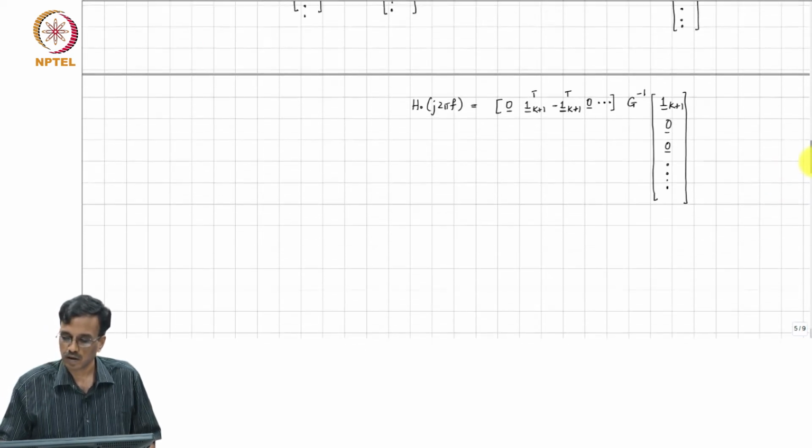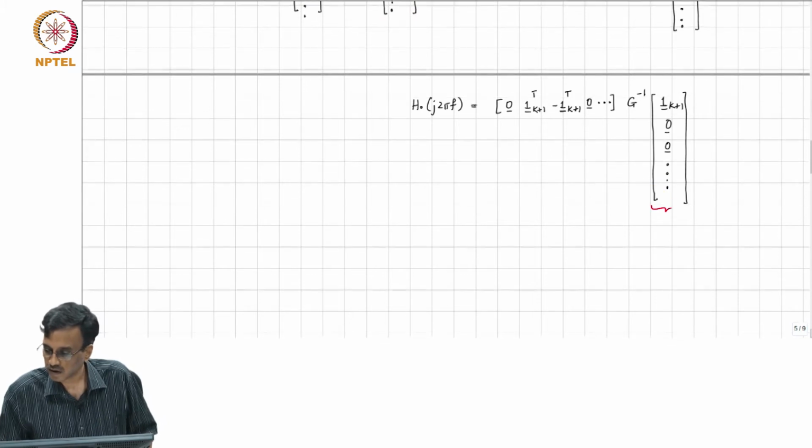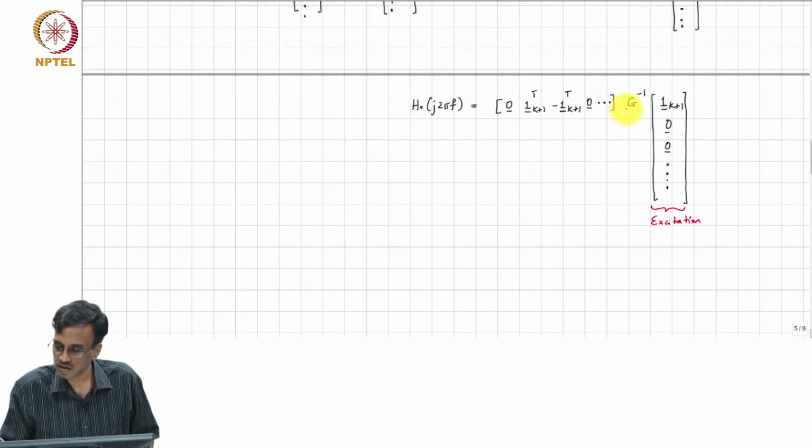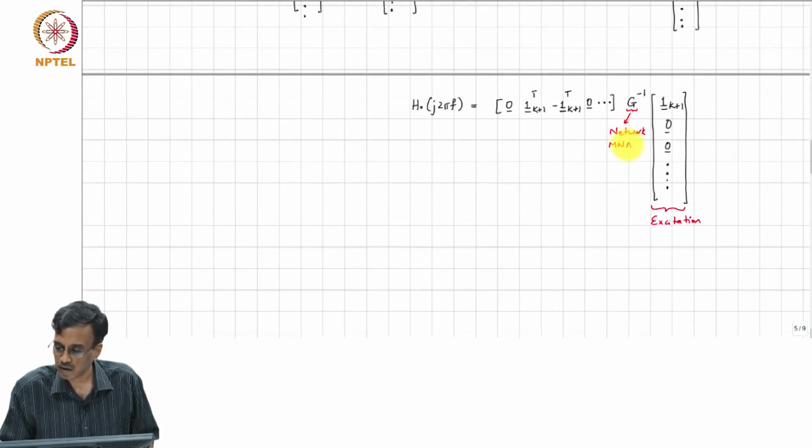So, let us take some time to interpret this. This is the excitation, G is the network MNA matrix, and this is the measurement or response.